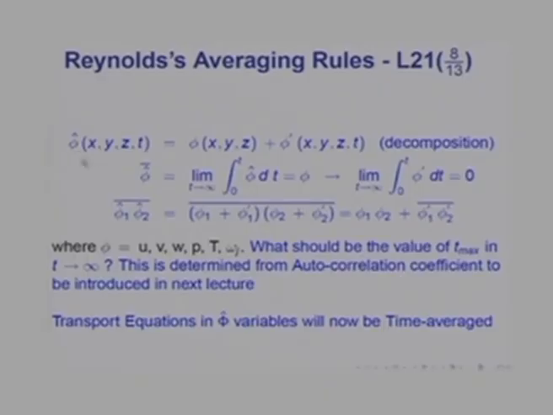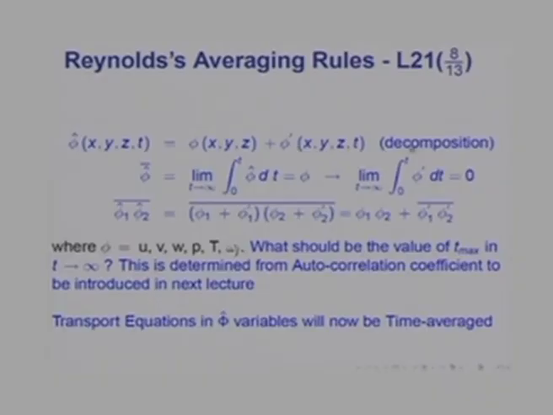The instantaneous value of each one of them would be a function of x, y, z, t, but the mean value will only be a function of x, y, z, plus a fluctuating value phi dash, a function of x, y, z, t, which may be plus or minus.